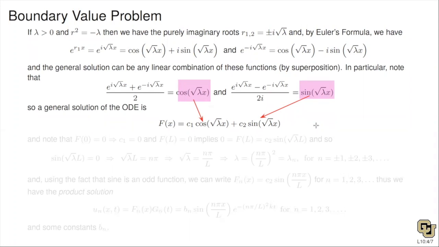So now we want to use the boundary conditions to solve for lambda. And so here's where something crazy happens. I want you to really watch the subtle little thing that happens that makes this totally different from ODEs. Because cosine and sine are periodic functions, when we try to apply the boundary conditions, you know how periodic functions are.